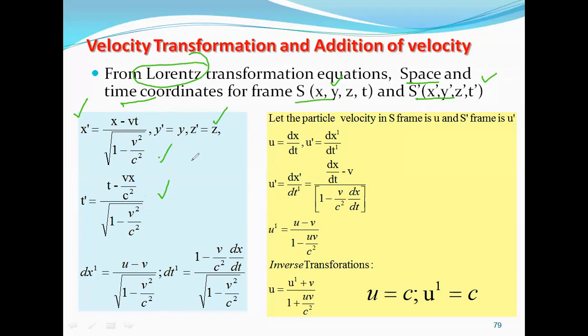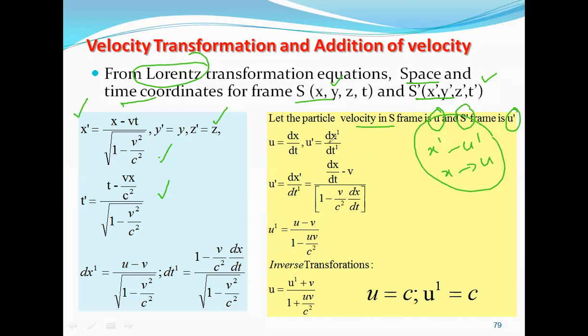Now we need to convert this into velocity. There is a way to convert it. Let the particle velocity in the S prime frame be u prime, so x prime corresponds to u prime, and in the S frame x corresponds to u. We are transforming this.